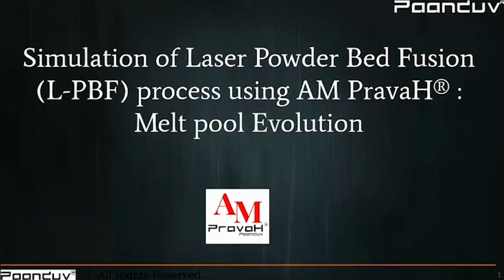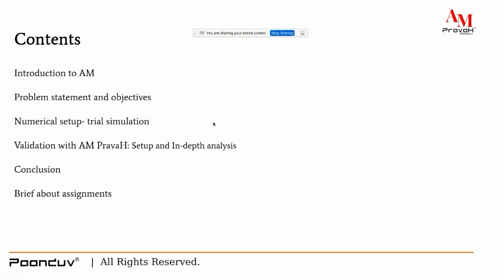This is the flow of the session. First, we will have the introduction to AM. Then we will reach the problem statement and objectives, numerical setup, and then we will have a trial simulation to declutter the unnecessary parameters which are not possible in this time constraint.